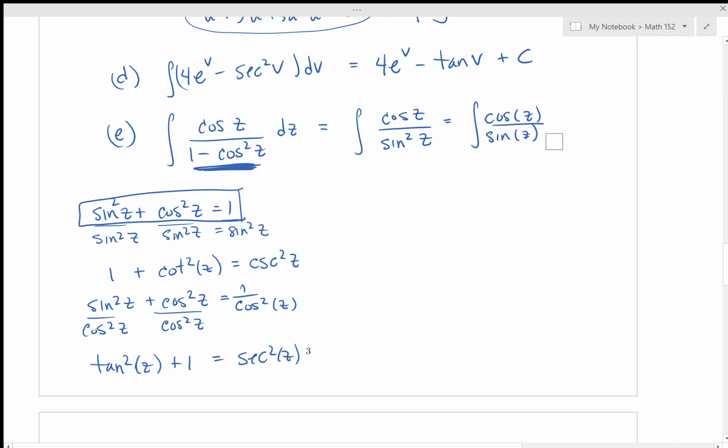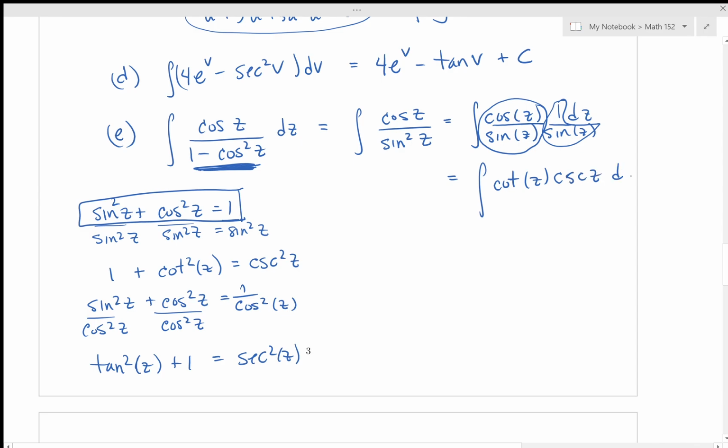Sine squared is sine z times sine z dz. Now I am thinking about the fact that cosine over sine, this right here, is cotangent. And that 1 over sine, the other part here, is cosecant.